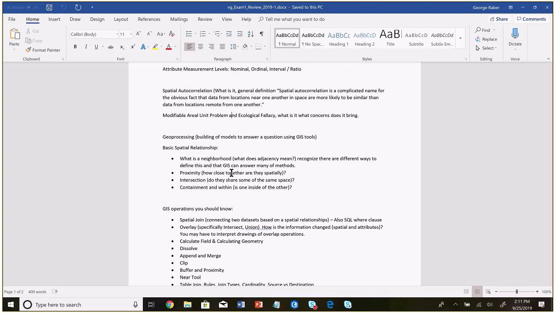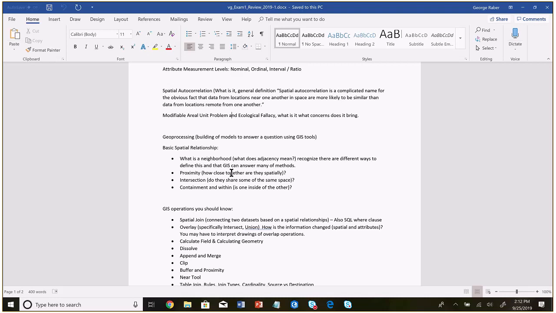All right, the definition of proximity is how close together they are spatially. Intersection, if I say which features intersect, that means that they touch each other in some way. But containment and within are a little different. Containment means it needs to totally surround the feature.